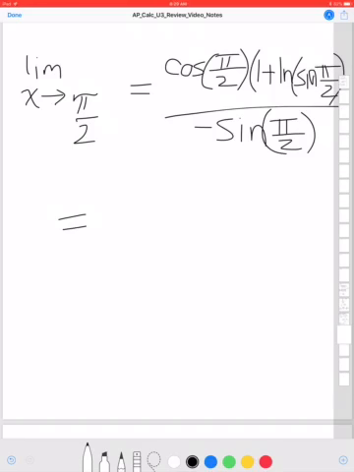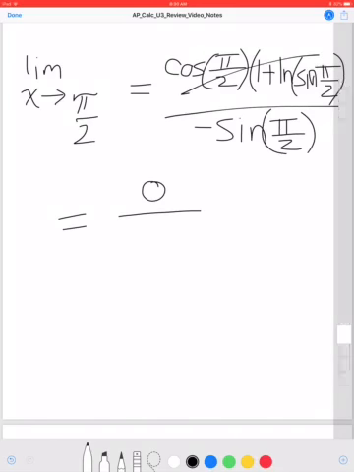Alright, cosine of pi over 2 is 0, and so 0 times anything is 0. So this whole thing is going to be 0. Over negative sine pi over 2 is 1, so we're getting -1.